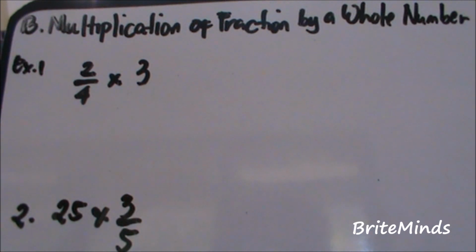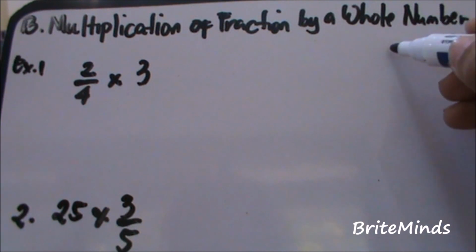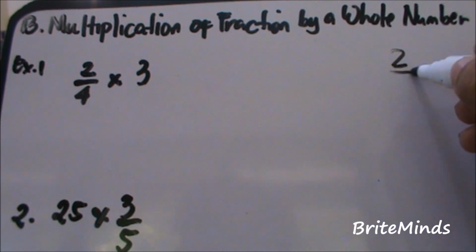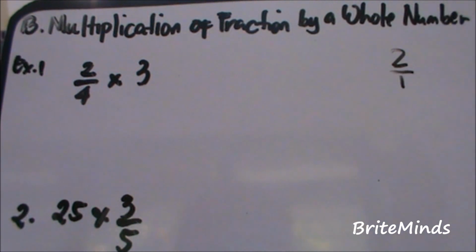A whole number can be expressed as a fraction with a denominator of 1. Example, we have a whole number 2. So we can express it as a fraction with a denominator of 1.